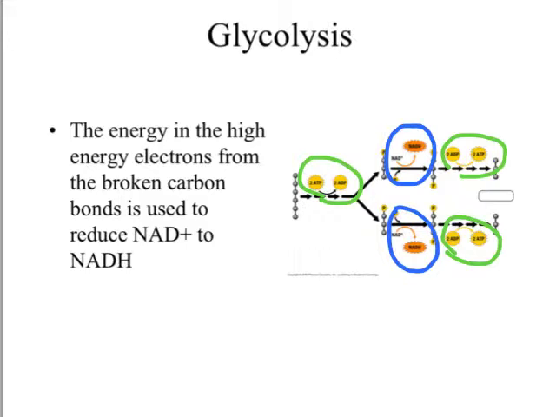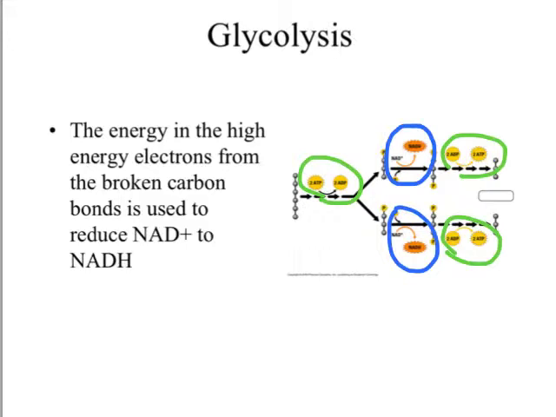So let's take a look at that. The high-energy electrons from the broken carbon bonds are used to reduce a molecule called NAD with a positive charge. NAD is nicotinamide adenine dinucleotide. Long name, so we'll just call it NAD+.